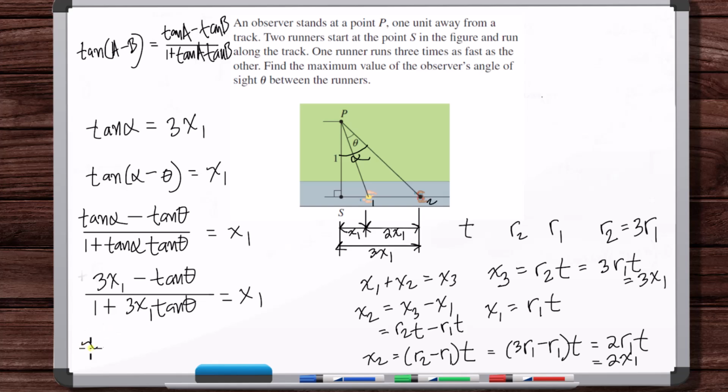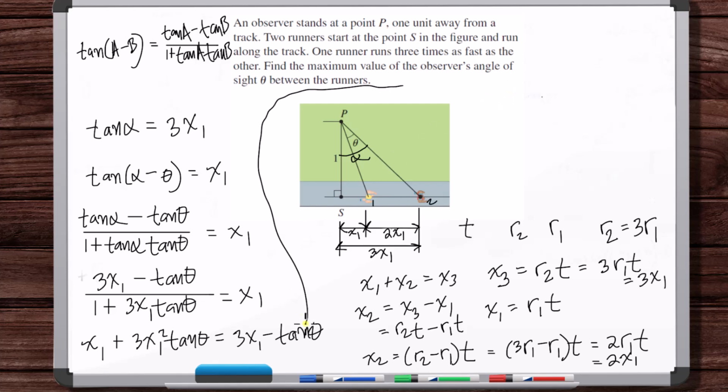There we go. Now let's solve for tangent theta. Cross multiplying, we get x1 plus 3x1 squared tangent theta is equal to 3x1 minus tangent theta. So we've got tangent theta plus 3x1 squared tangent theta is equal to 3x1 minus x1, which is 2x1.